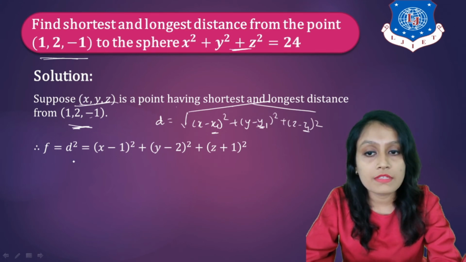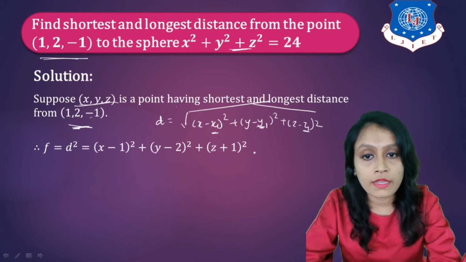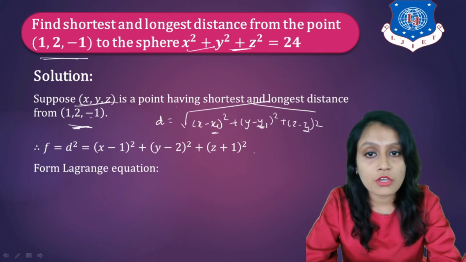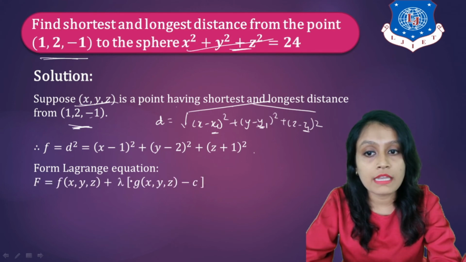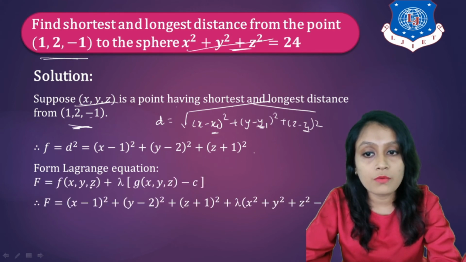So you will get f is equal to d square, that is (x - 1) square + (y - 2) square + (z + 1) whole square. So this is your function. Now this is your constraint. From the Lagrange equation, f is equal to function plus lambda times constraint. So function is this, so write down this function plus lambda times constraint.